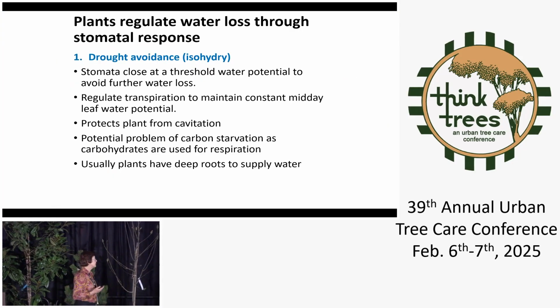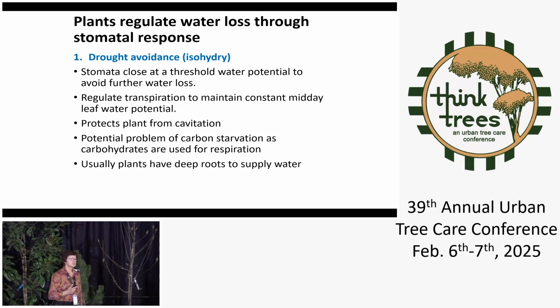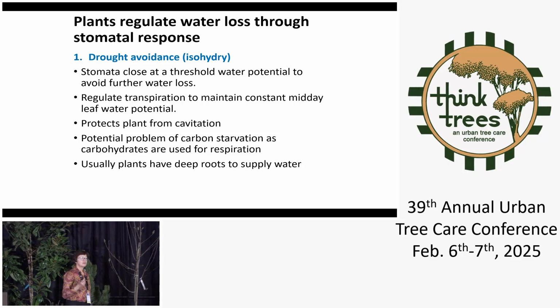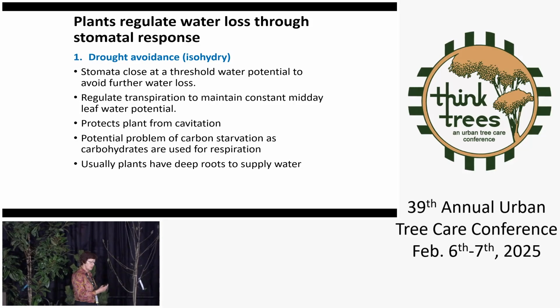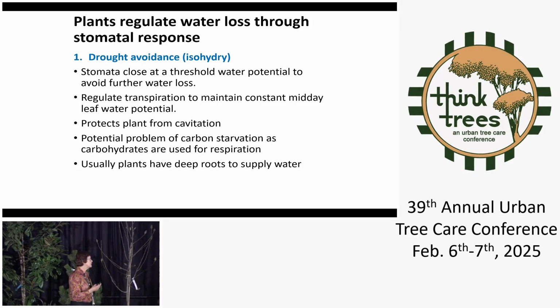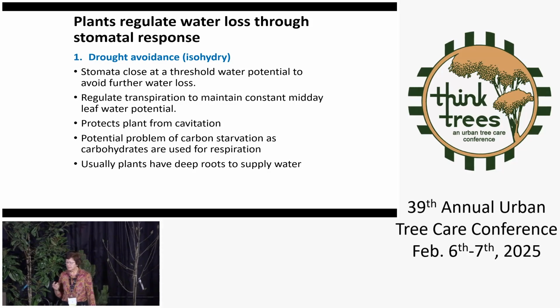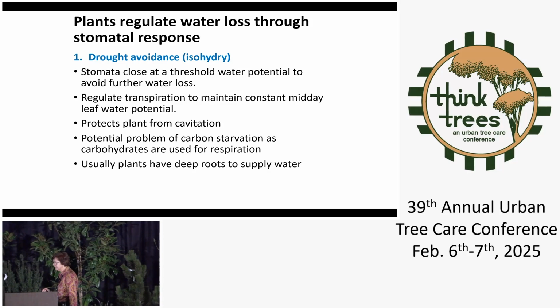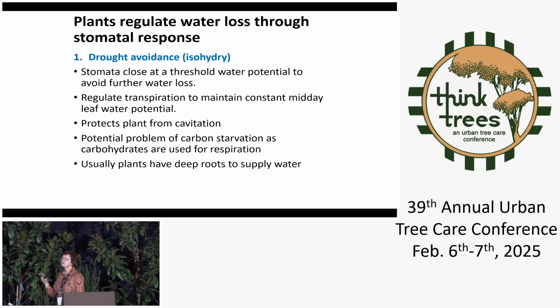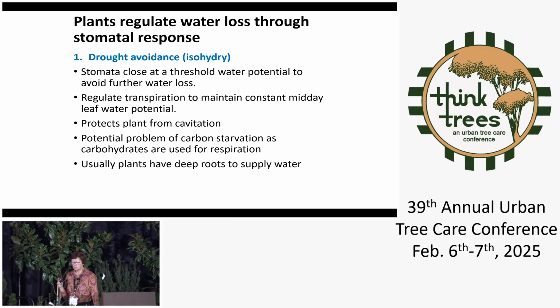So the plants regulate their water loss through stomatal response, and so they're either drought avoiders or drought tolerant. And drought avoidance, that's also called isohydry. Those stomata close in order to maintain sort of a minimum threshold of water potential. And essentially they're closing the stomates because they say we will not go below a water potential because otherwise we may dehydrate for good.